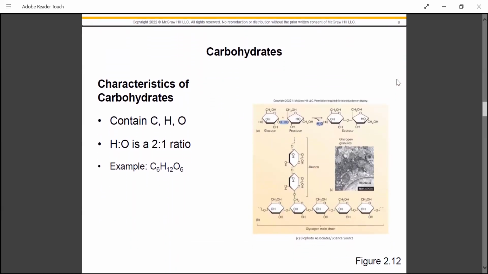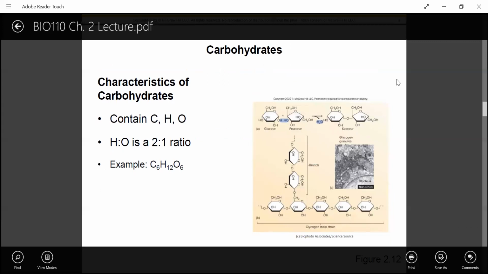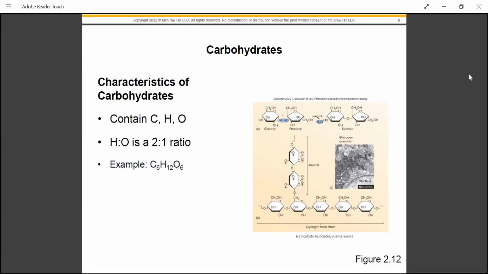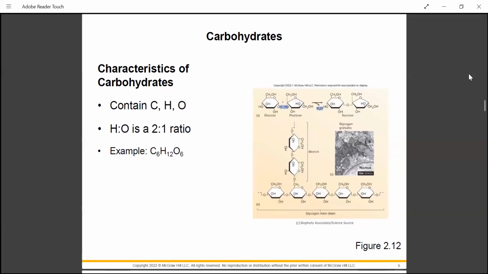Okay, we're going to discuss carbohydrates first. Carbohydrates are going to contain carbon, hydrogen, and oxygen. The hydrogen to oxygen ratio is always going to be 2:1 in carbohydrates.